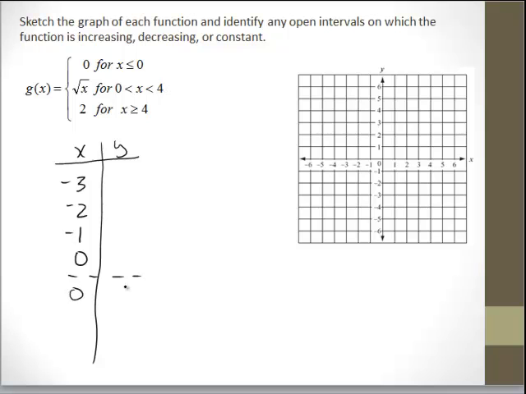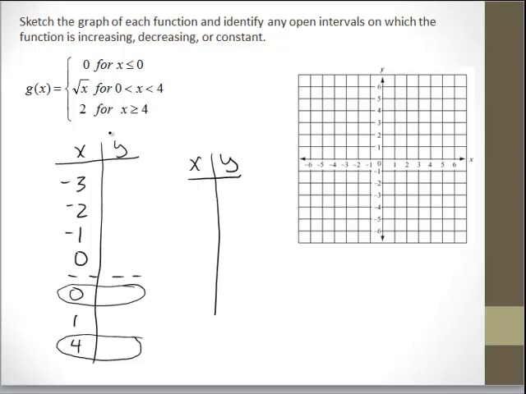So what I'm going to do is put a 0, but I'm going to put a little circle around it because it can't exist there. Okay? And let's pick, oh, those aren't very good numbers, are they? We'll pick a 1, and we'll pick a 4, but it also can't be 4. I say that because there's no little equal to under there.